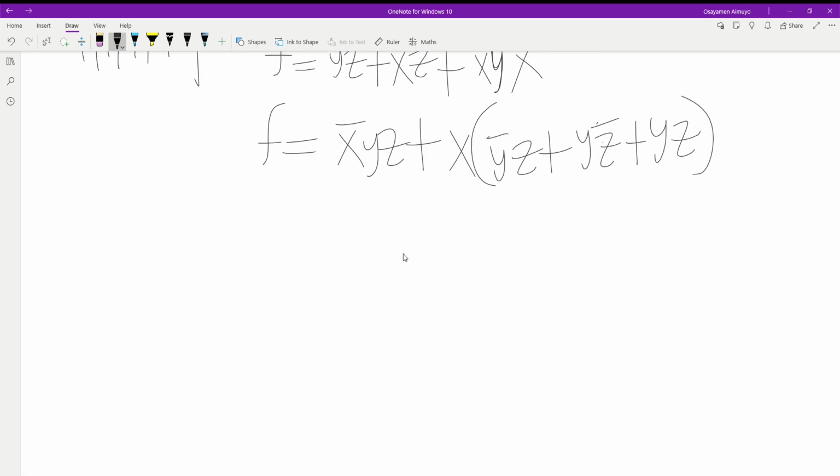Okay, so now everything inside that massive parentheses can be simplified to y or z.